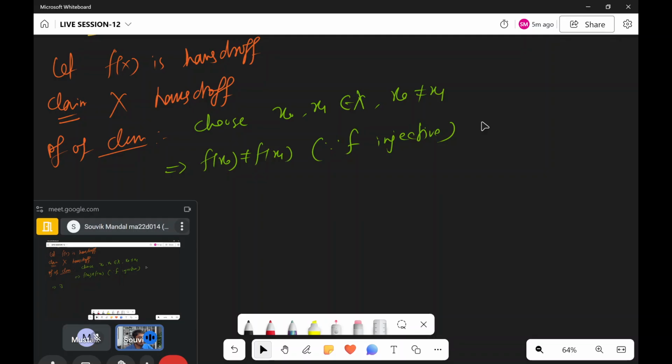This implies there exist U containing f(x0) and V containing f(x1), where U and V are open in f(X), such that U intersection V is equal to empty.